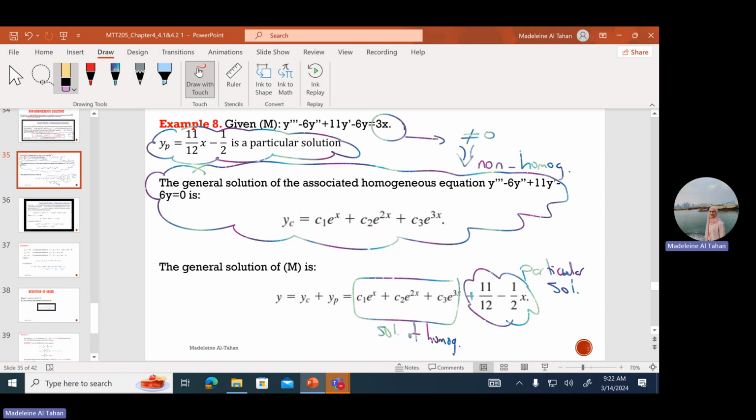We can try it anyways. This one is the correct one, so minus 11 over 2. So we will copy this one as the correct one.